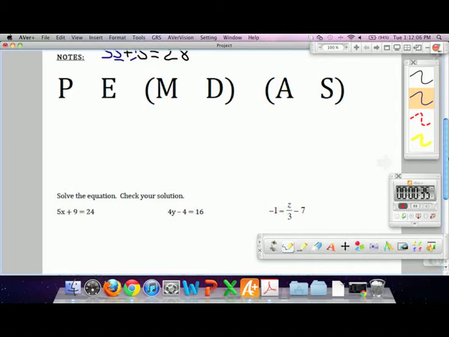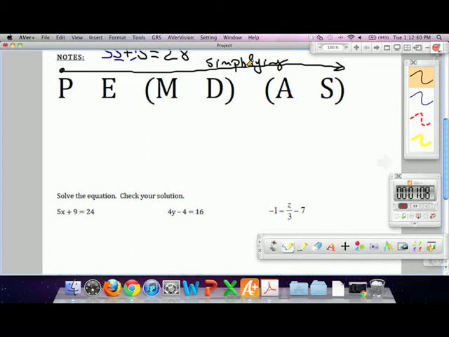It comes back to your order of operations, PEMDAS: parentheses, exponents, multiply or divide, add or subtract. When you're simplifying or evaluating on one side of an equal sign, we start at the grouping symbols, parentheses, and work our way down.